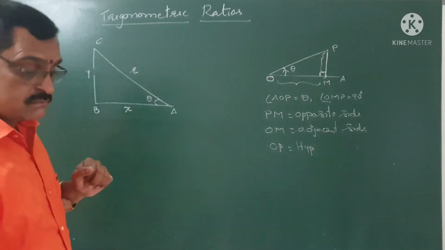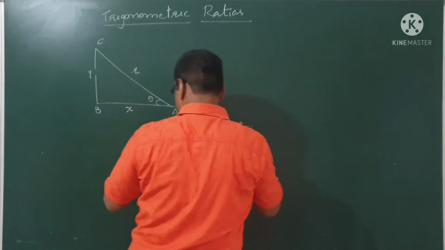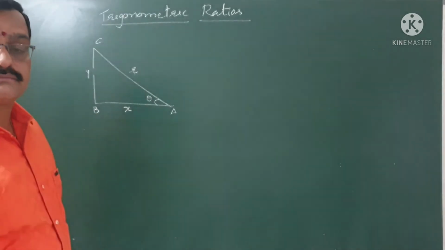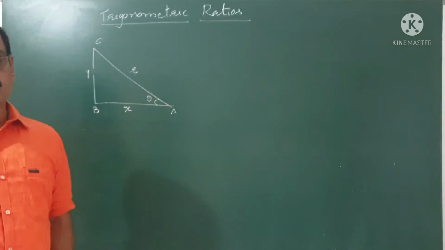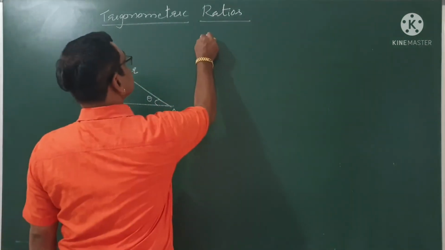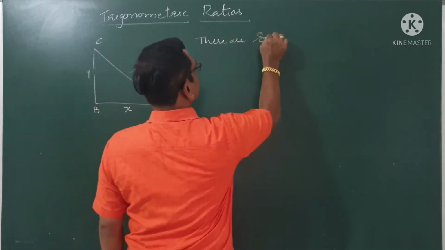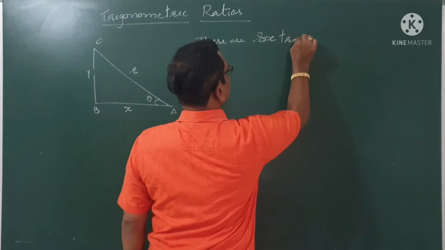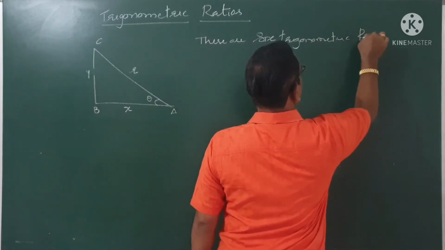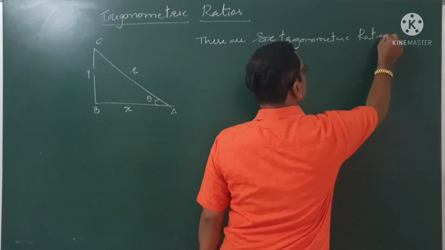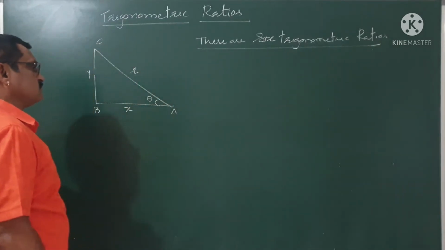Now I am going to mention 6 trigonometric ratios which are observed in trigonometry. There are 6 trigonometric ratios. What are they? Now I am going to name them.